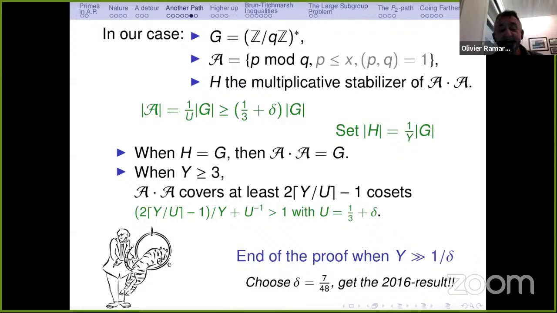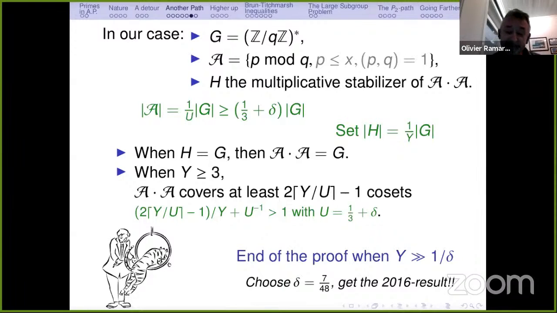If the stabilizer is a subgroup of order 2, well, it's not possible, because I know that in A times A, you have a quadratic residue and a non-quadratic residue. That's a small lemma I showed you about the quadratic subgroup. Then you deduce that the index of A is at least 3.